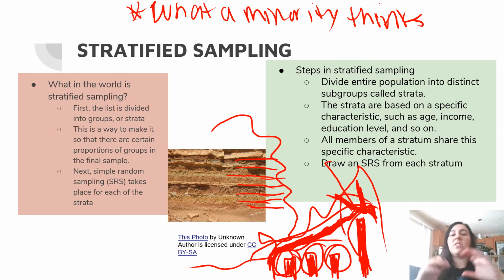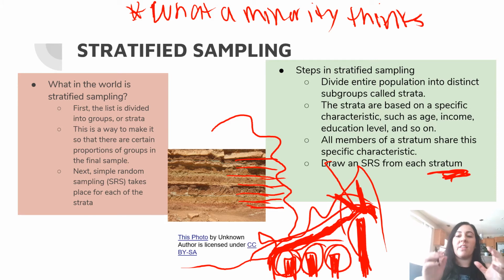Okay, so once you've been able to split up all the individuals in the population based on those strata, the individual categories, then within those individual categories you can actually do simple random sampling, just within those strata. You can do simple random sampling and find your sample size for each of the little minorities, or strata, okay?